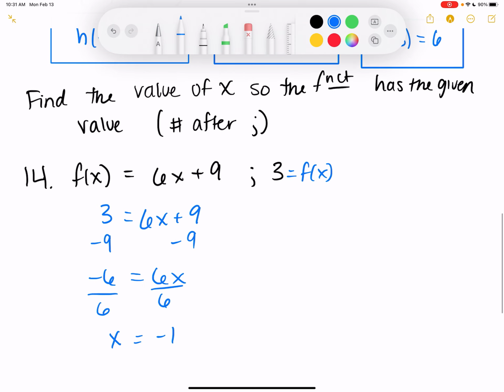Yep. And if you want to flip it so that your x is on the other side, if you prefer it to look nice, then you can. But you could also have -1 is equal to x. Same thing. So these are probably actually easier than the first ones because you're just solving, which we've done for a couple months now.